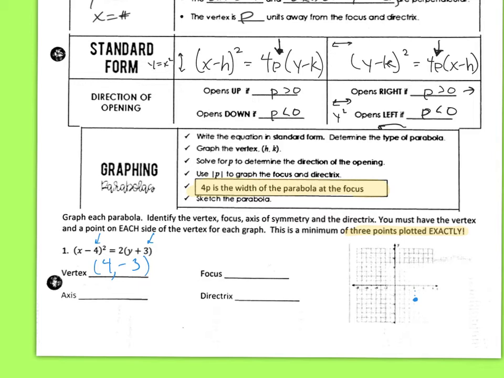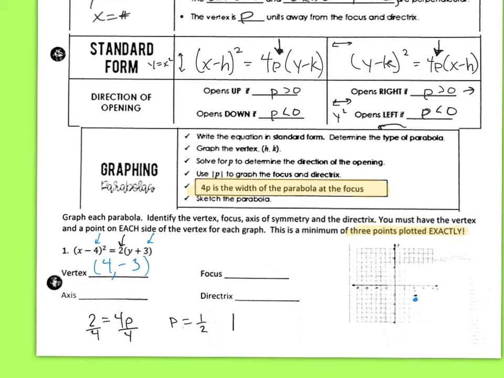Now what we're going to do is use the 2. So we know that that number represents 4p. And for this first graph, this is not that easy because the numbers are so small. So p is 1/2. So that means, kind of obnoxiously, we have to go 1/2 space up because this is x squared.